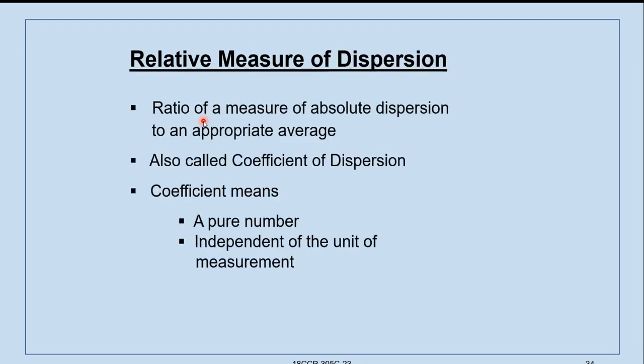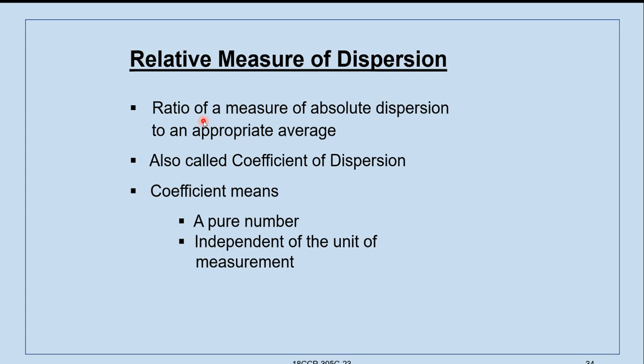What are relative measures? Ratio of measure of absolute dispersion. Ratio, this is the percentage. Also called coefficient of dispersion. I said range, coefficient of range. We will calculate range, the absolute value. We will calculate coefficient of range, the relative value. Percentage.